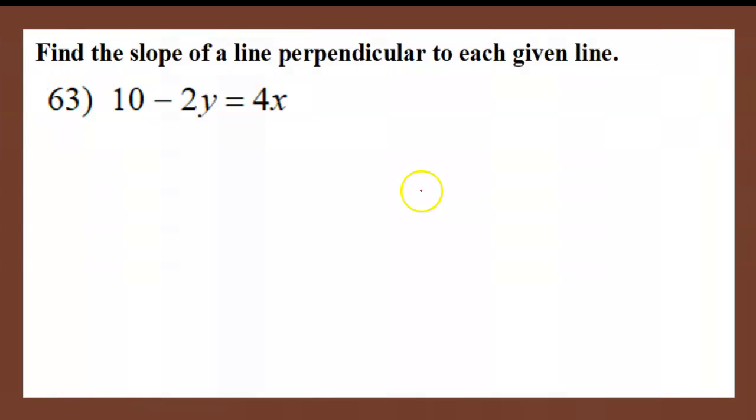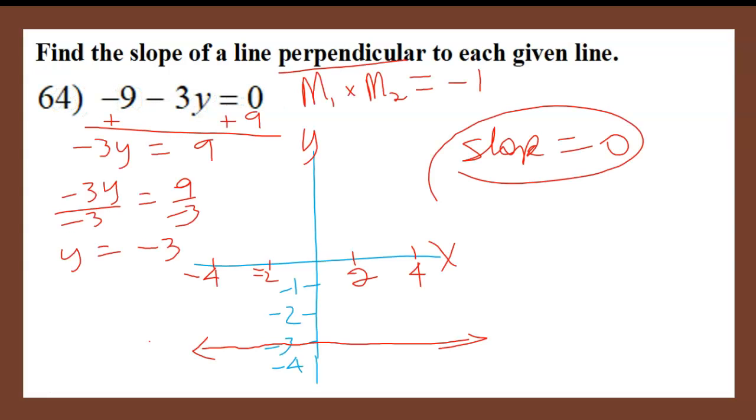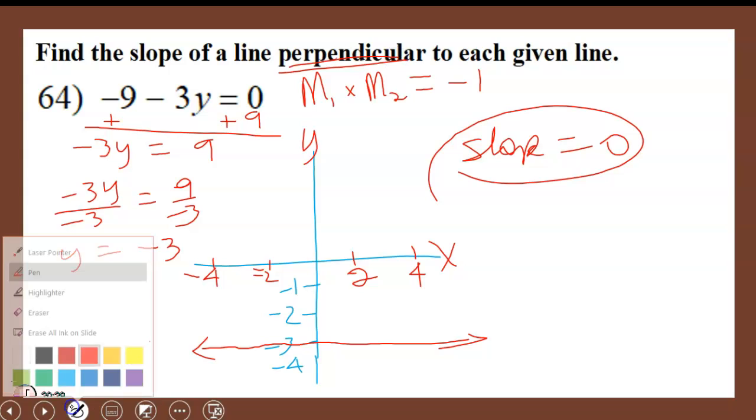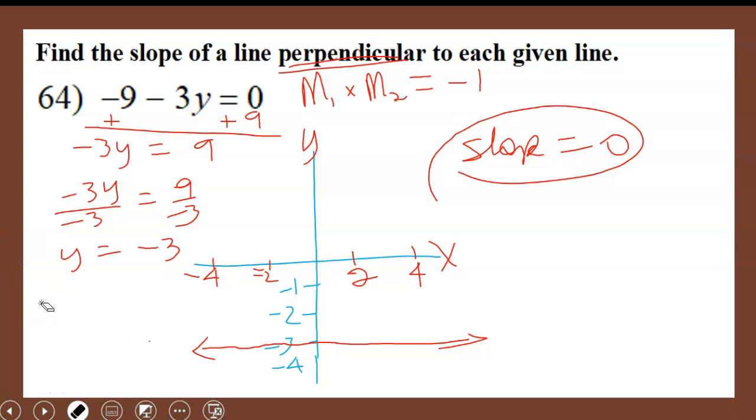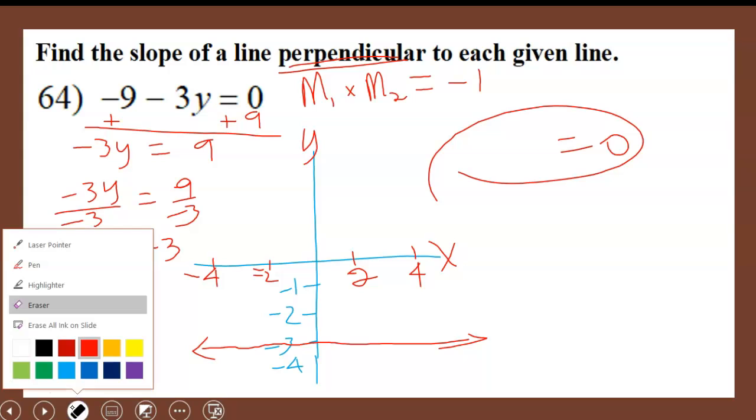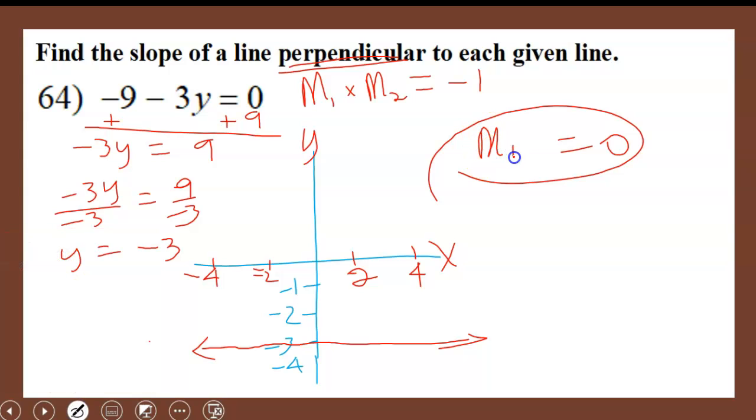Okay. How about this one? Oh, by the way, we're not done. Because we're doing this for perpendicular, this is the slope of the first line here. This is the slope of the line that is given, which is M1. Then we are looking for M2. The slope of the second line is going to be the opposite reciprocal of the first one. So the reciprocal of 0 is going to be what?